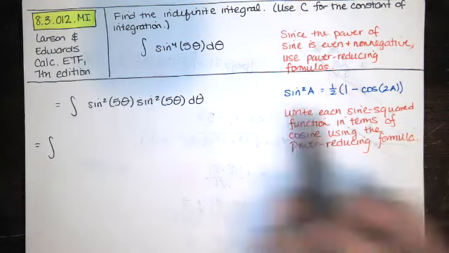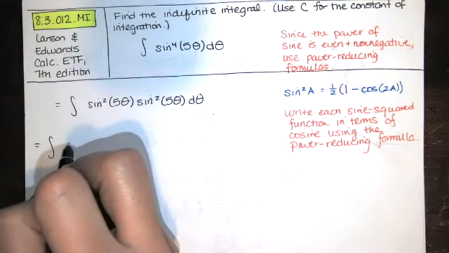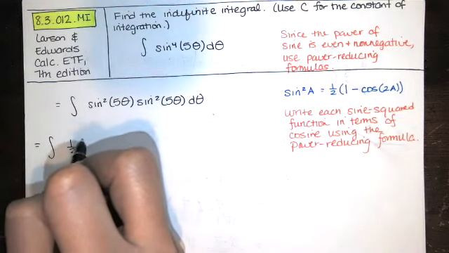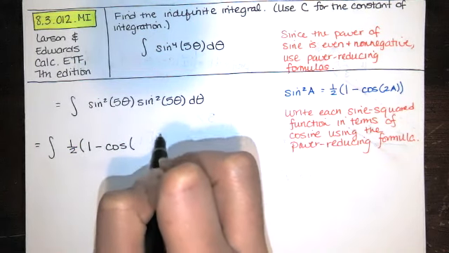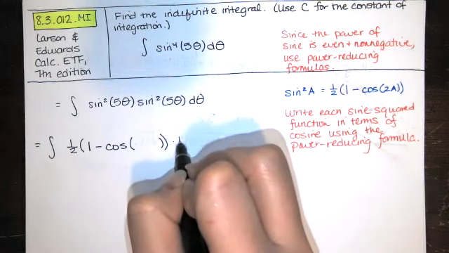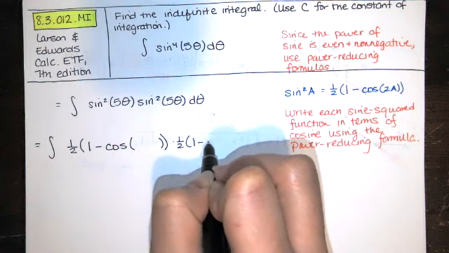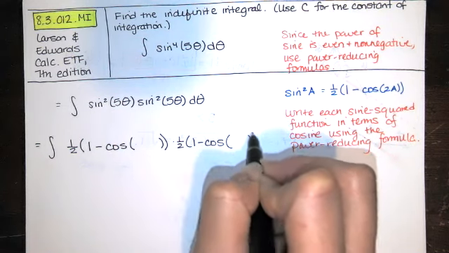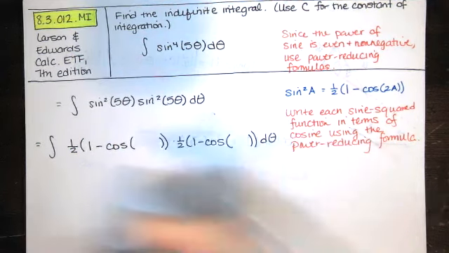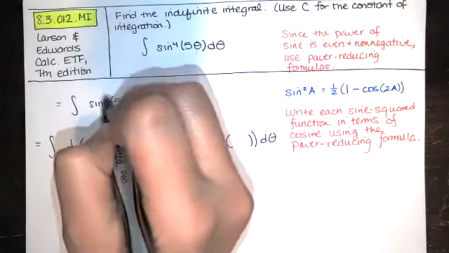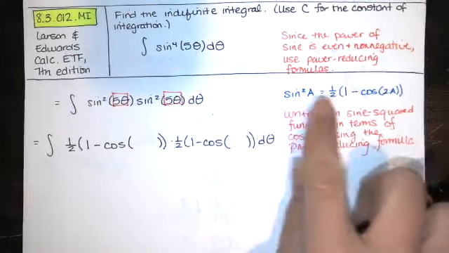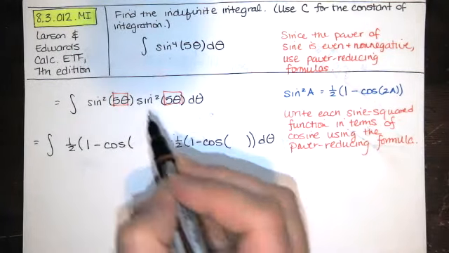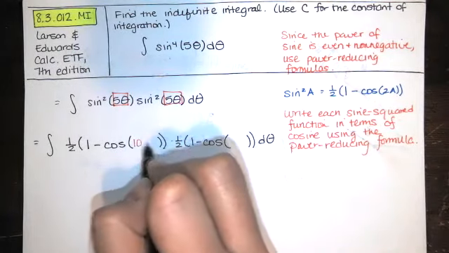According to this, the first sine squared of 5 theta is 1/2 times 1 minus cosine of 2 times that angle, and this one is the same. Now in this case, our angle is 5 theta. So this formula says that we're supposed to double the angle. So I'm going to go from 5 theta to 10 theta.